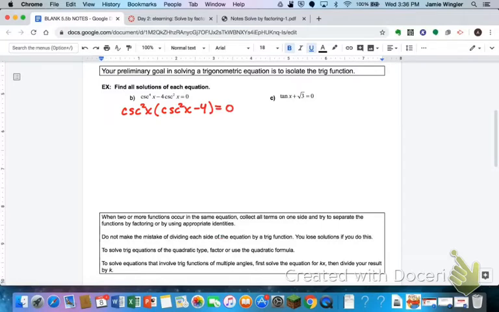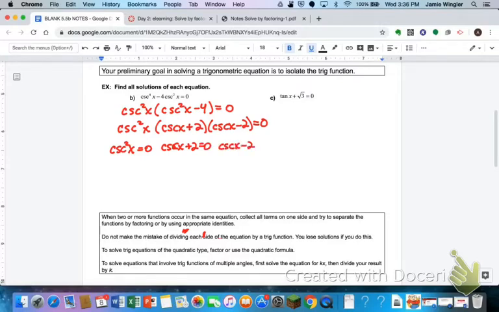If this was algebra 2 and you had x squared minus 4 equals 0, you would factor that again because it's a difference of two perfect squares, and you would factor that into cosecant of x plus 2 and cosecant of x minus 2. Now you can set each factor equal to 0.